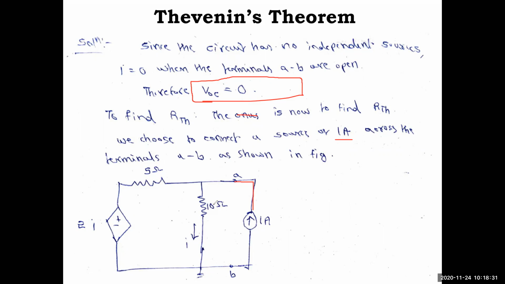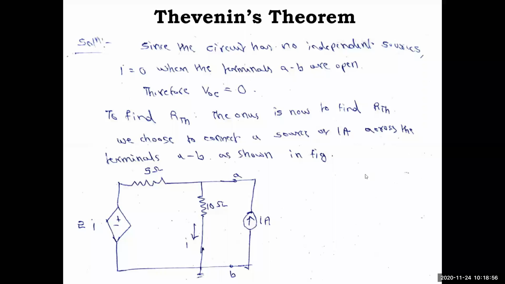You have to supply some energy so that we can find out, right? And we'll find the voltage across these terminals AB. The 1 amp current source is connected and we'll find the voltage VAB, and that VAB by 1 will give you the resistance value. So how to find this? That we will see next.